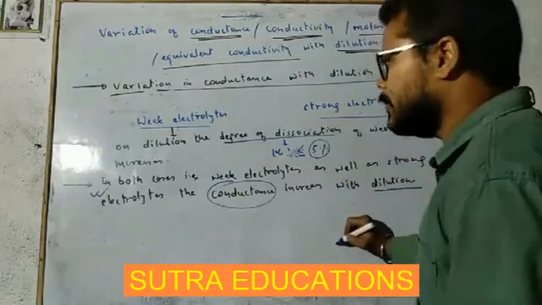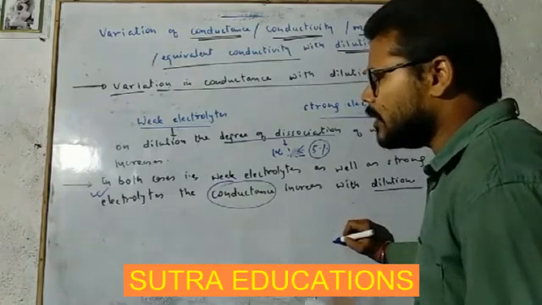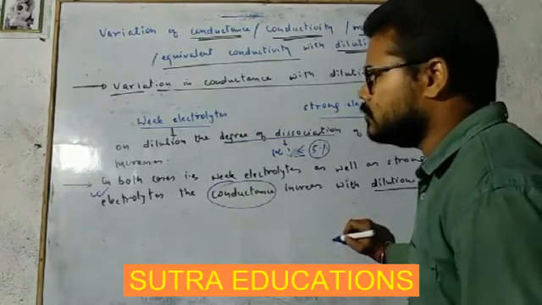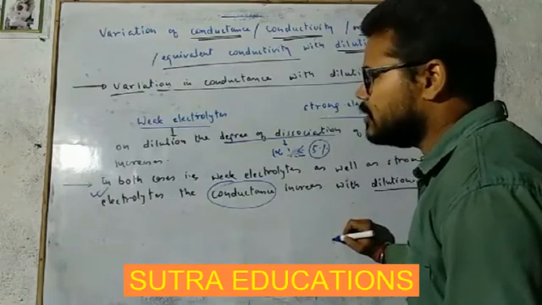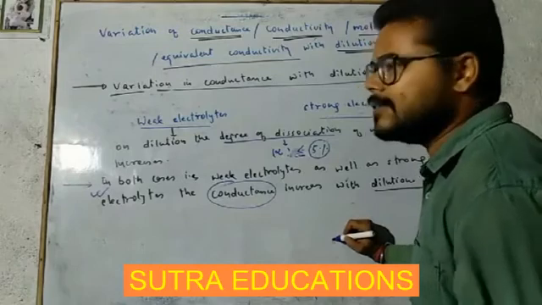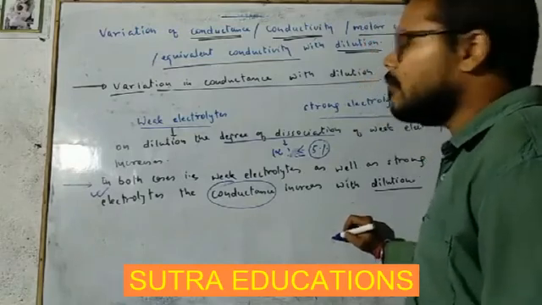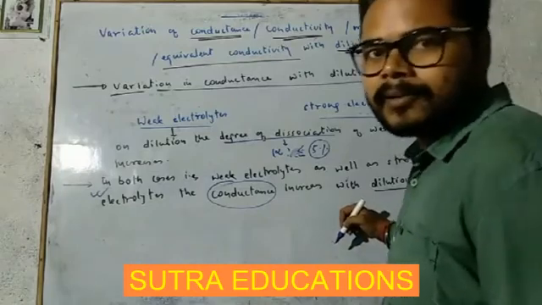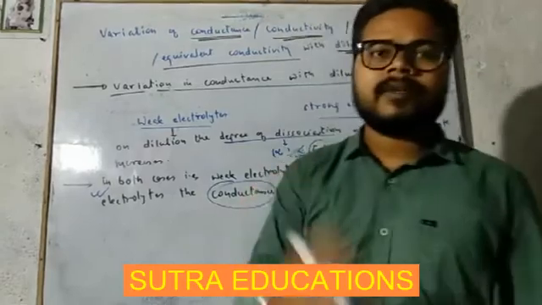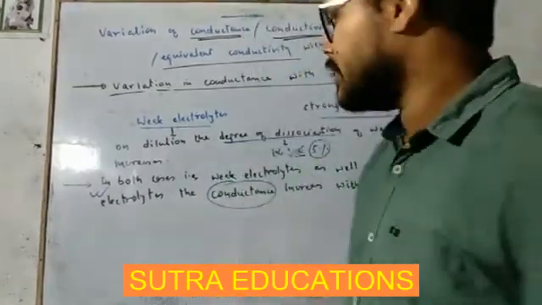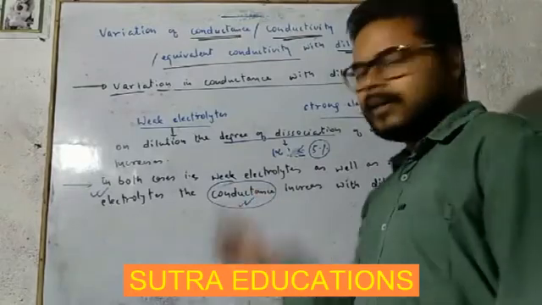As we add more and more water to weak electrolytes, the dissociation increases. More dissociation means more ions will be there. If more ions will be there, then conductance will be increased.